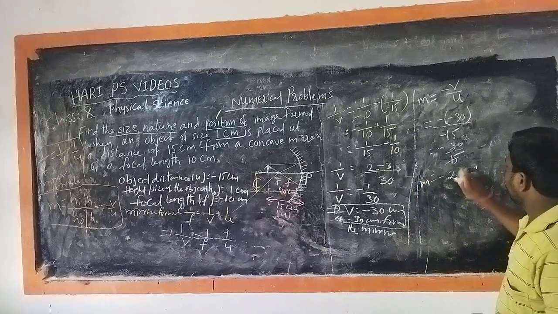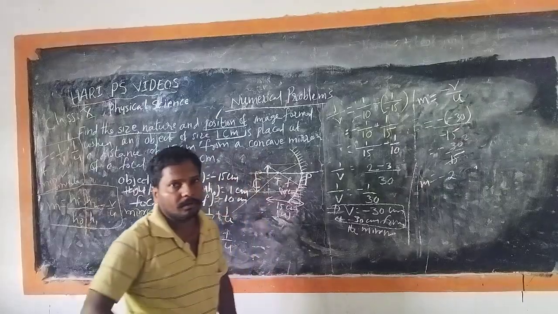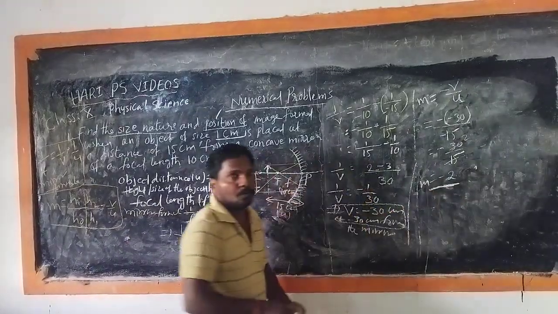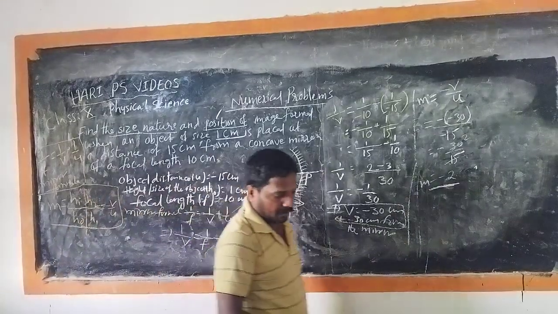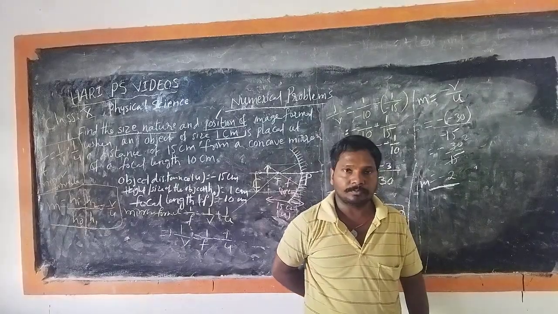Sorry, magnification m is equal to minus 2. Magnification m is equal to minus 2. So what type of image does minus 2 represent?